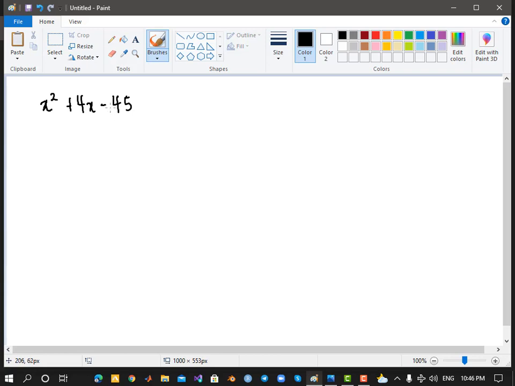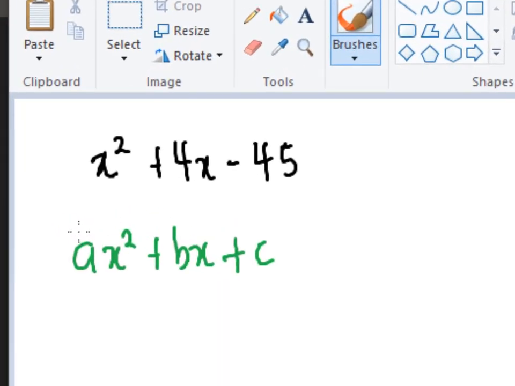I'm going to factorize this, and the structure of this question can be in this form: ax squared plus bx plus c, where a is the coefficient of this particular x squared here.